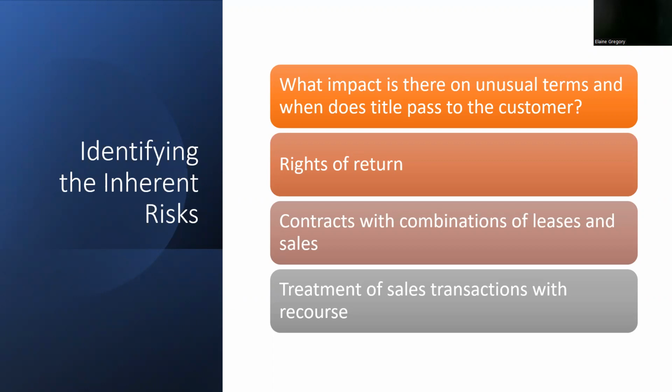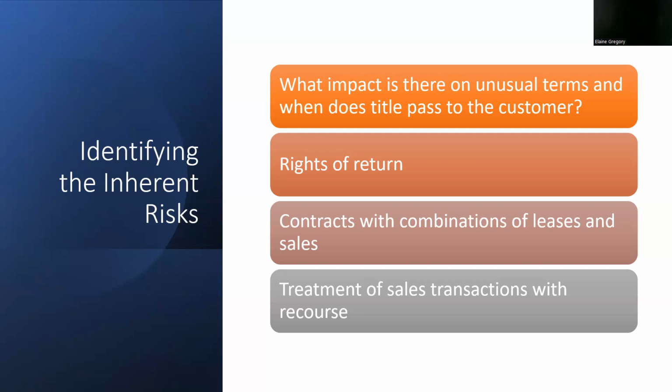Do we have a combination of leases and sales in contracts? One of the trickier areas that we've looked at is communication. Cell phones. You have sales of the cell phone itself, or you have a lease of the cell phone. You have a lease of the data part of the contract.